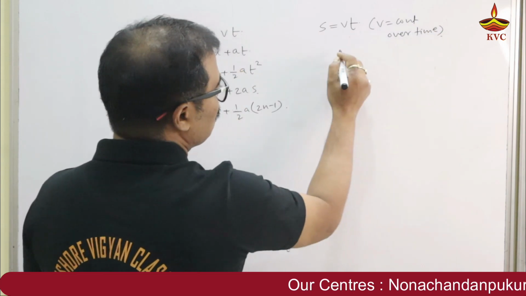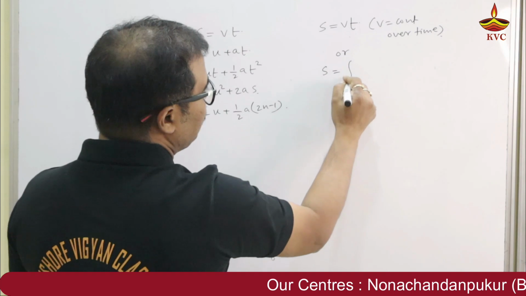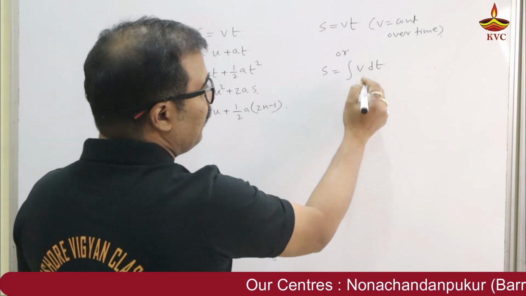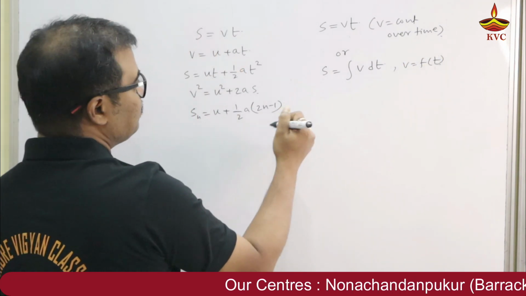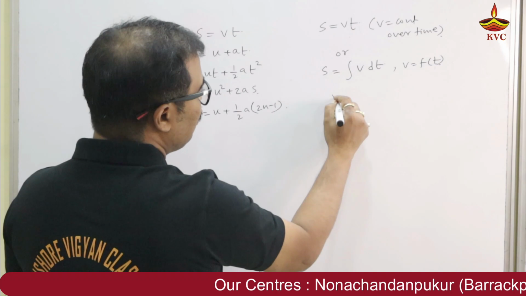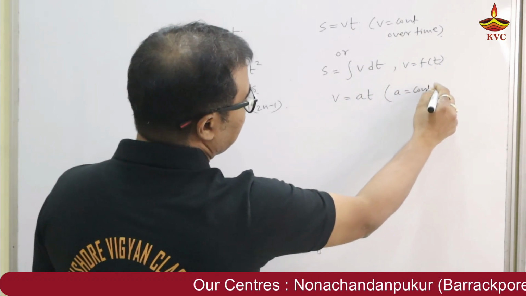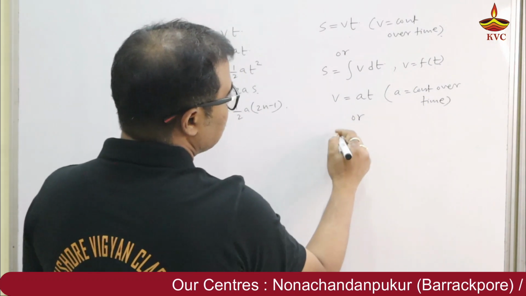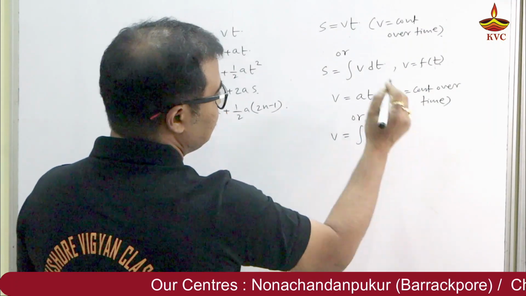If it is not so, then we need to use S equals integral of V dt with a proper boundary, where V is a function of t. At the same time, V equals At can be used if A is constant over time. Otherwise, V is nothing but integral A dt.